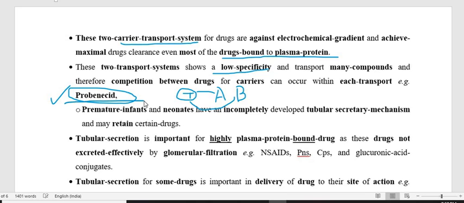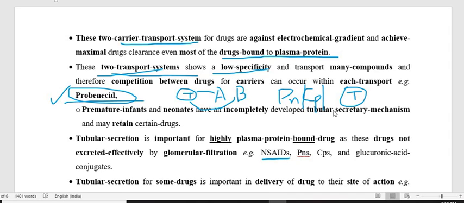Probenecid is actually an inhibitor of a carrier transporter. This transporter carries antibiotics belonging to penicillins, antibiotics belonging to cephalosporins, and another drug belonging to the non-steroidal anti-inflammatory drugs, that is aspirin.